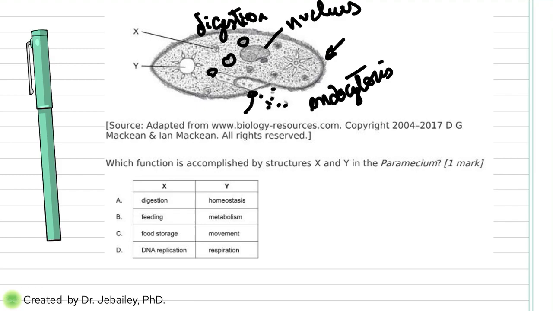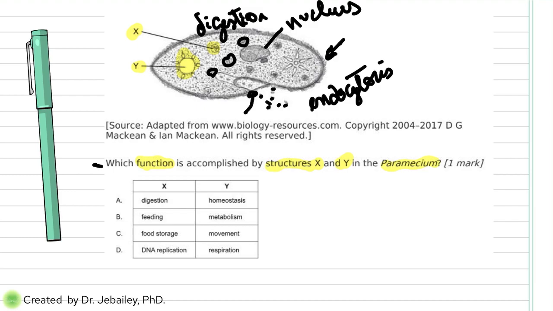So now let's look at the question. The question says, which function, and now we're talking about function, is accomplished by structures X, which is this, and Y, which is this one, in paramecium, which is the picture. Some students say, oh, it's easy.